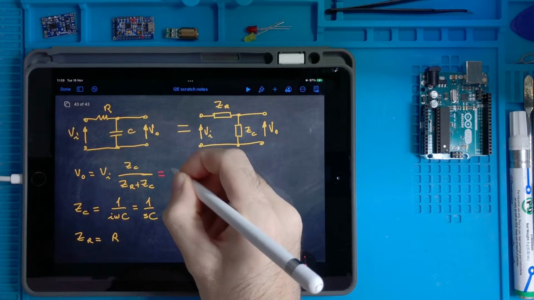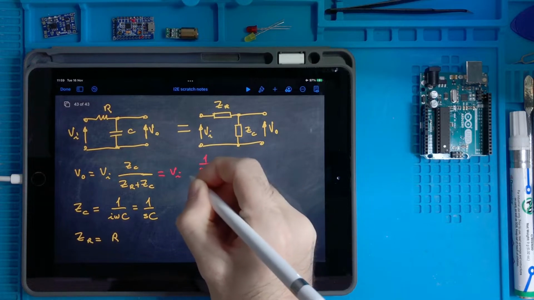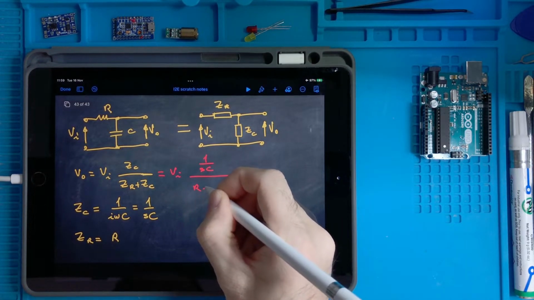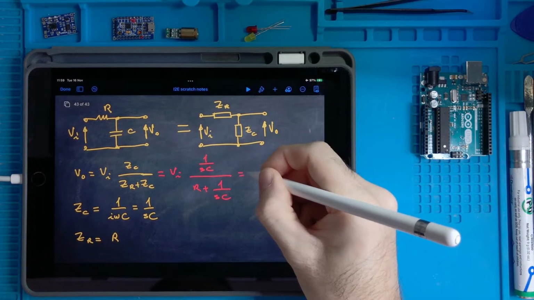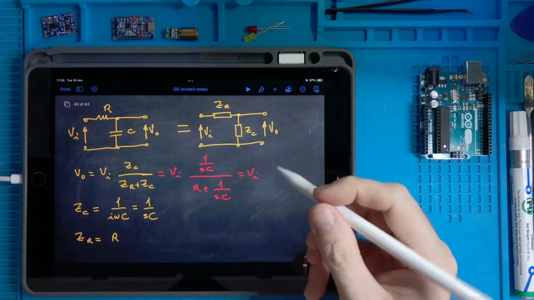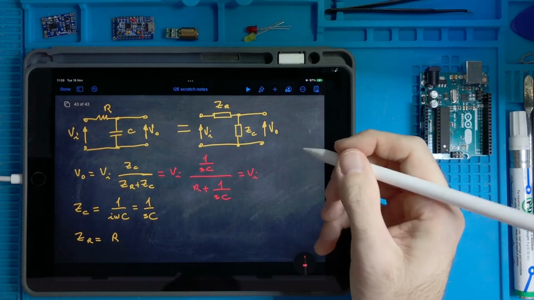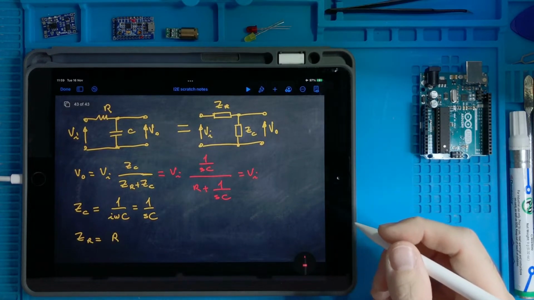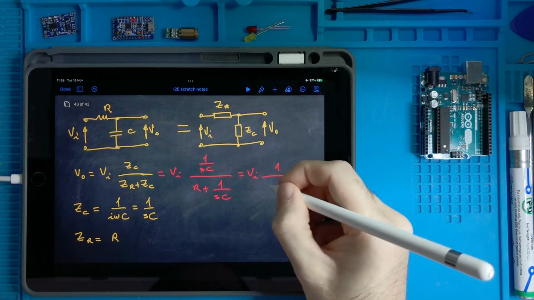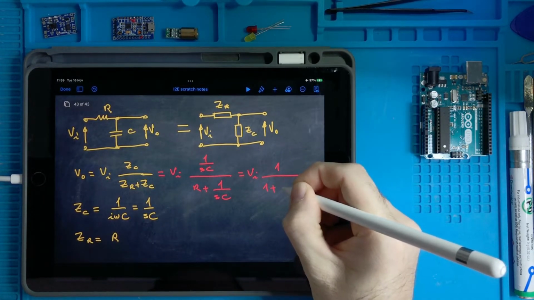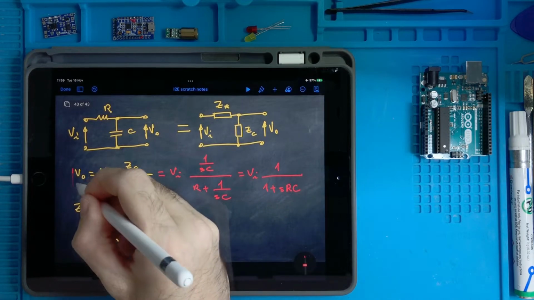And so I get that the output is the input multiplied by 1 over SC divided by R plus 1 over SC, which I can write also like this. I multiply the numerator and the denominator of this big fraction by SC, so nothing changes, the invariant property of multiplication. So it's 1 over 1 plus SRC.